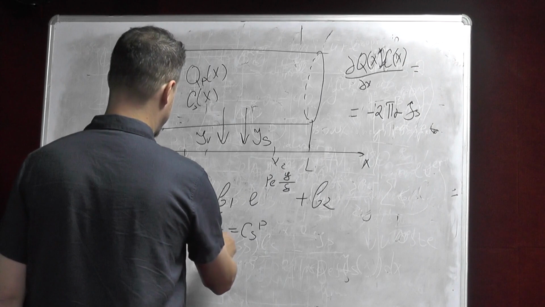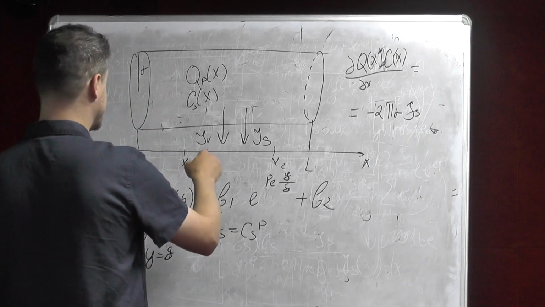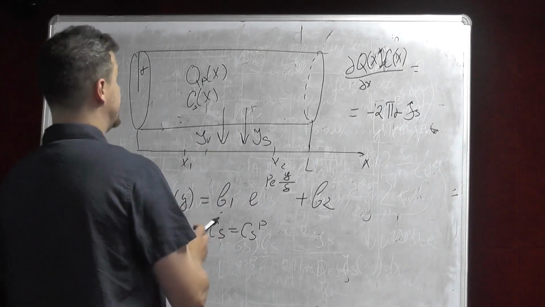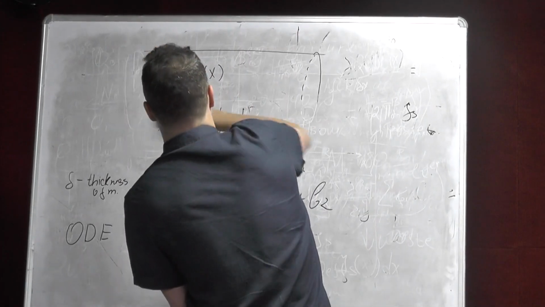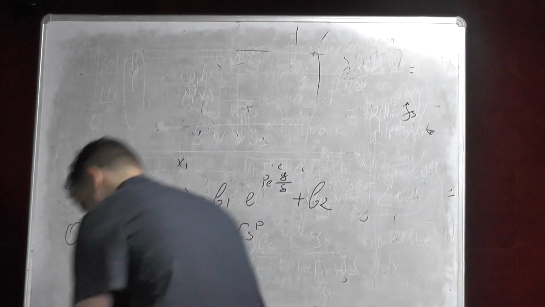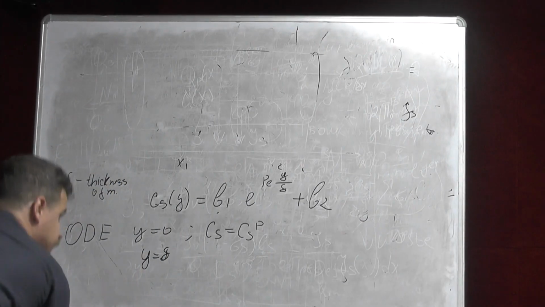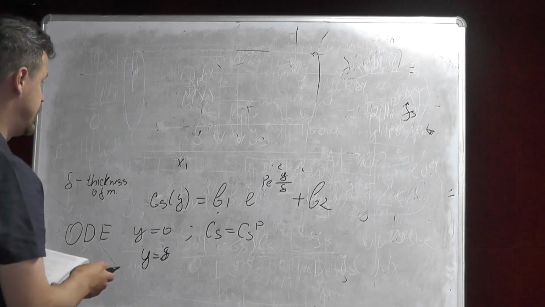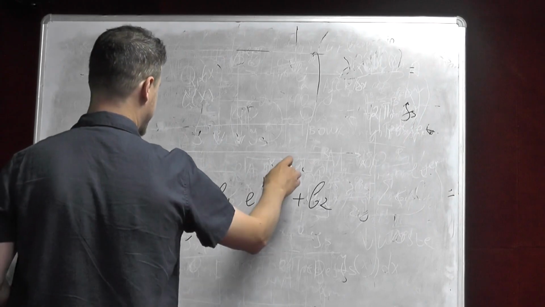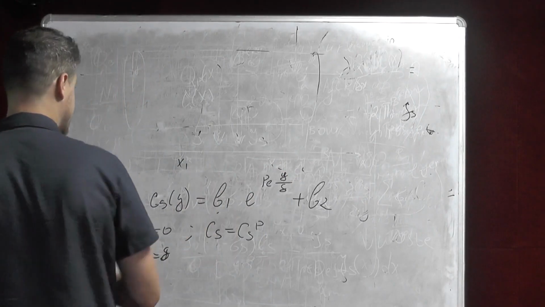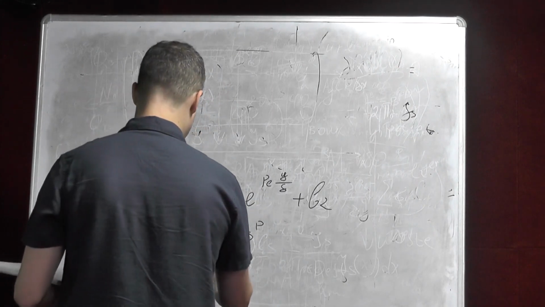That's the absolute concentration equals the plasma concentration at the thickness. Let me just draw. C is a function of y: C1 times the exponential of the Leclerc number times y divided by delta, plus C2.